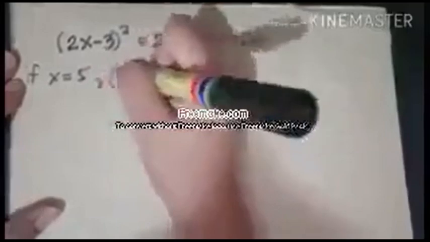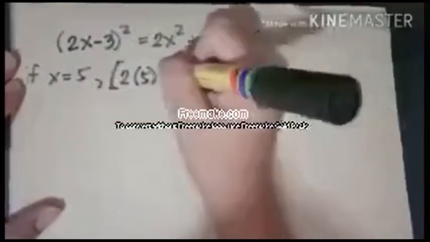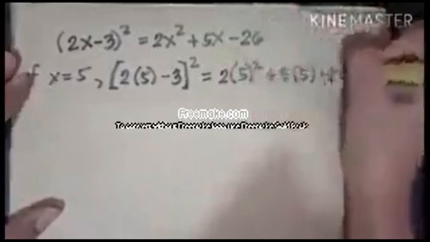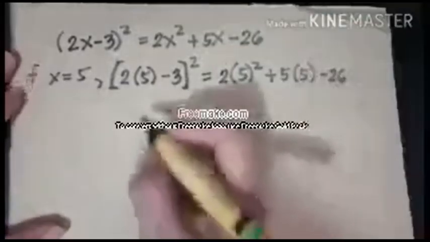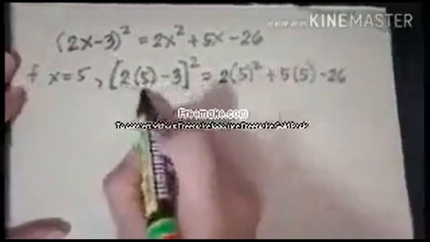So if x is equal to 5, so therefore you have 2 times 5 minus 3 squared is equal to 2 times 5 squared plus 5 times 5 minus 26. So, isi-simplify natin. So, 2 times 5 is 10 minus 3 is 7. 7 squared is 49.